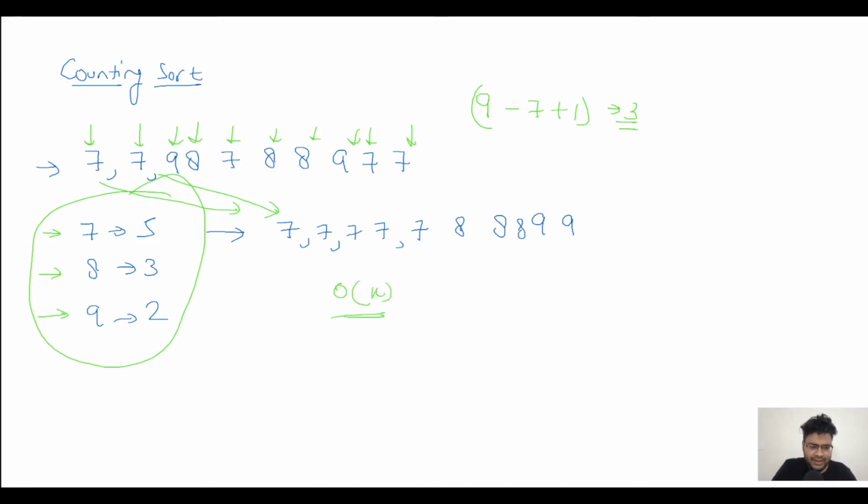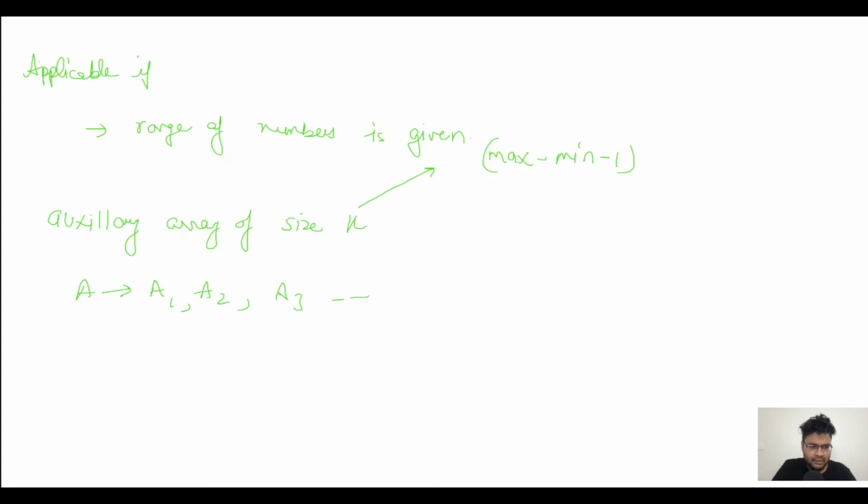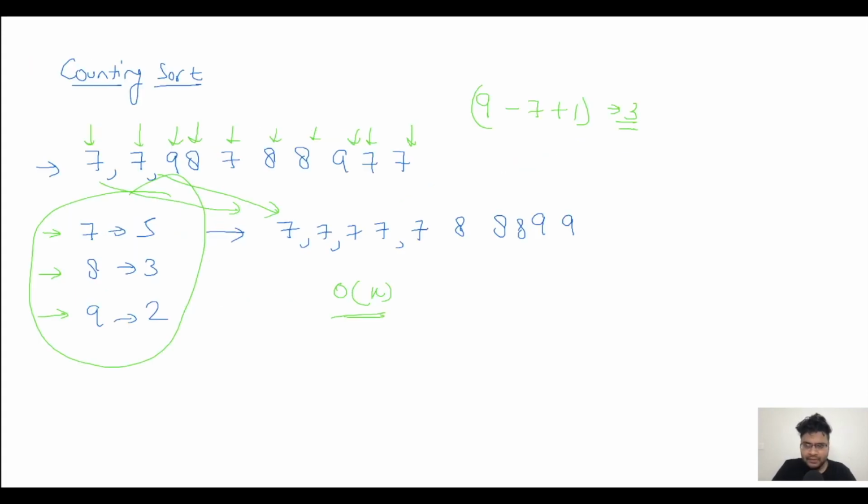If you look at the time complexity of this particular algorithm, what is it going to be? There are 3 operations which we need to do. I'll just write down each of the operations. The first operation is to create an auxiliary array of size k and initialize it with 0.